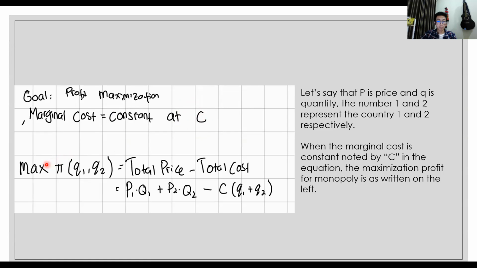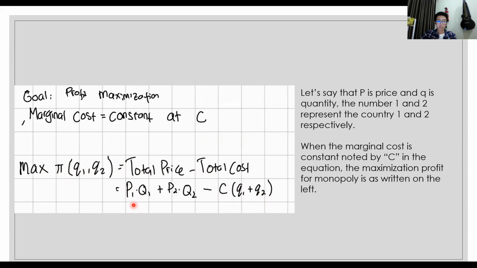The profit maximization function is max over Q1, Q2 of total revenue minus total cost. The total revenue is P1 times Q1 for country 1, plus P2 times Q2 for country 2, minus the constant marginal cost C times Q1 plus Q2.